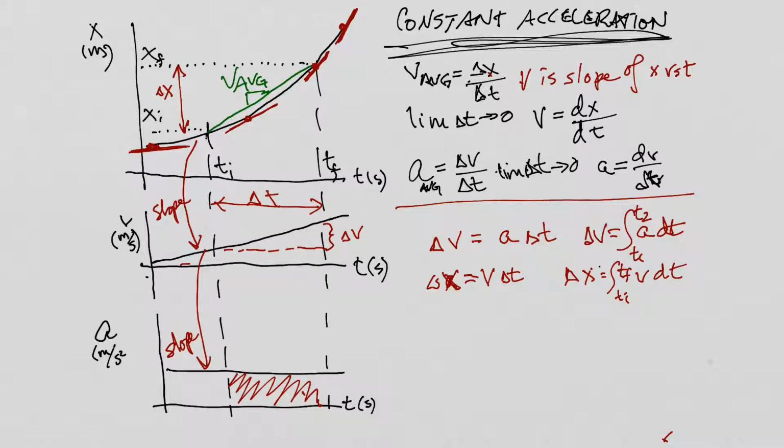So the goal here is that you should be able to go from position graph to velocity graph to acceleration graph and backwards. So if I have an acceleration graph, then I can take the area under it and find the velocity graph, take the area under that, and find the position graph.